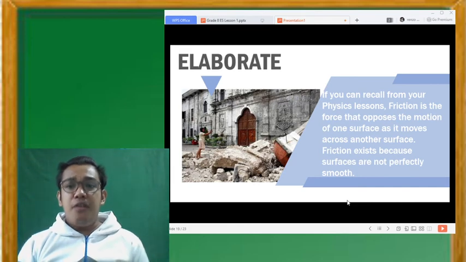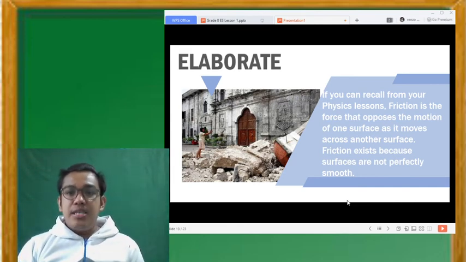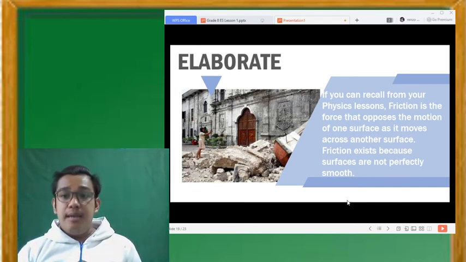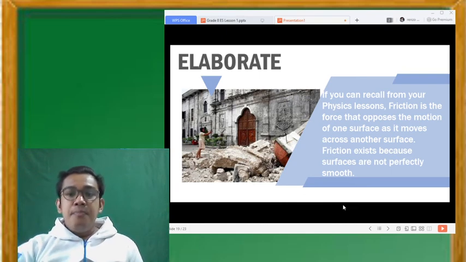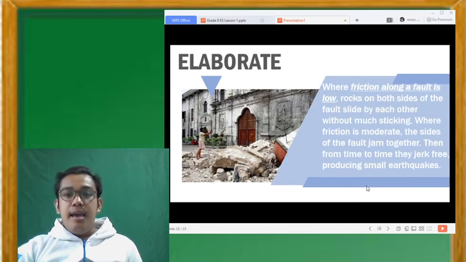If you can recall from your physics lesson, friction is the force that opposes the motion of one surface as it moves across another surface. Friction exists because surfaces are not perfectly smooth.